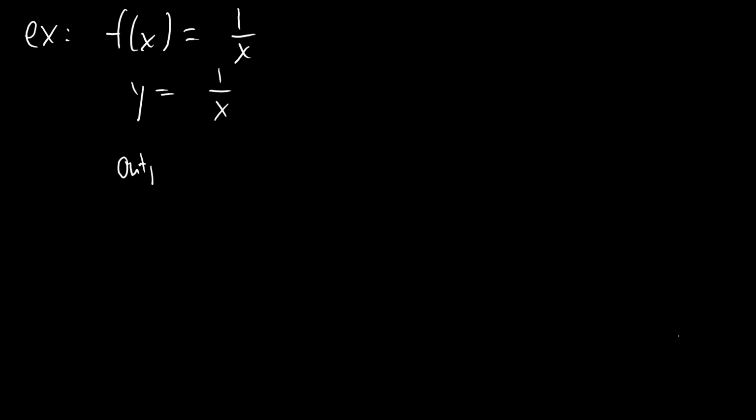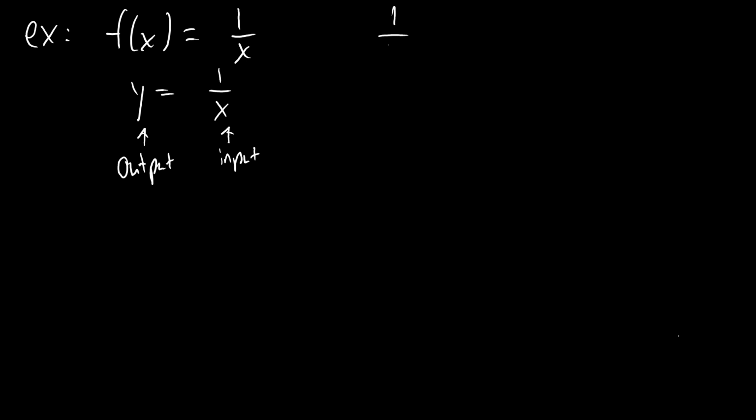And let's do one more example for domain and range. We'll say f of x equals 1 over x. Here's our output, here's our input. And remember, input is related to our domain. Okay, so let's look at this, 1 over x.